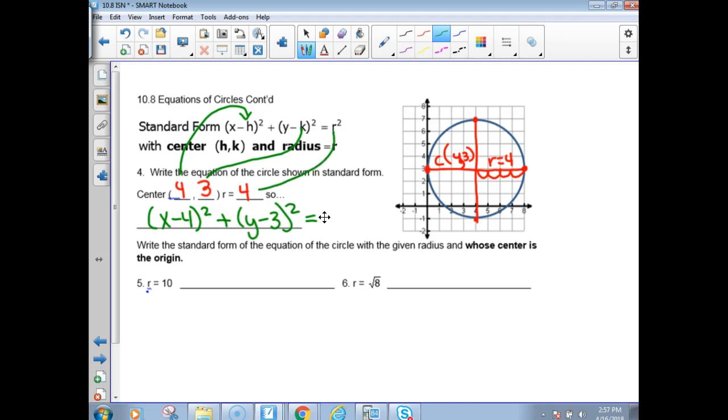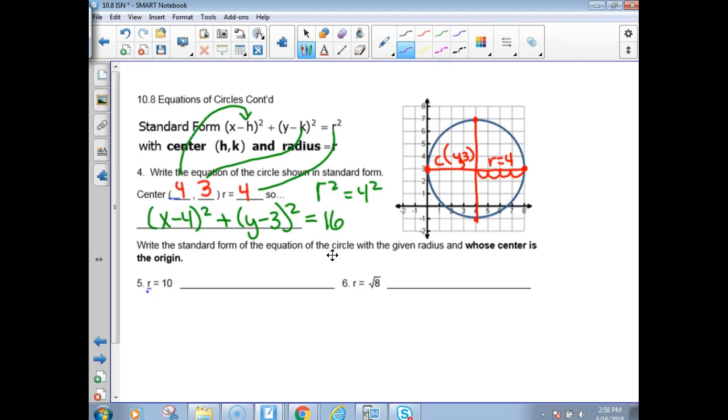So r squared would equal 4 squared, which is 16. I expect it to be simplified. Good.